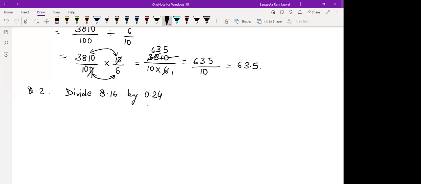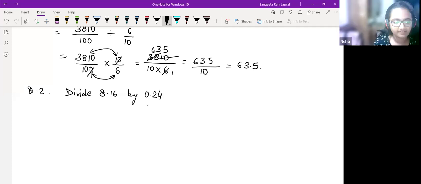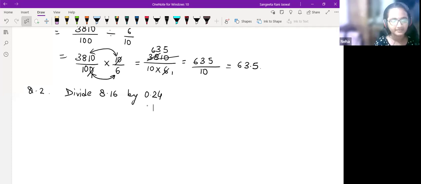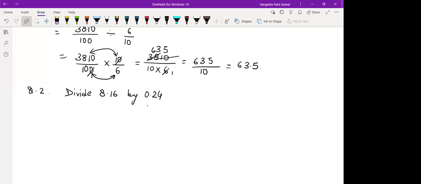You must have done decimal division sums in your class 5. Have you done? Yes, ma'am. But I don't remember it clearly. Okay. What about others? Adya, Harshit, Bhavesh, have you done decimal division in class 5? Yes, ma'am.